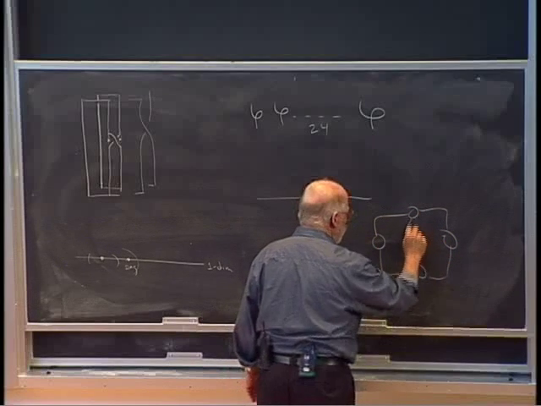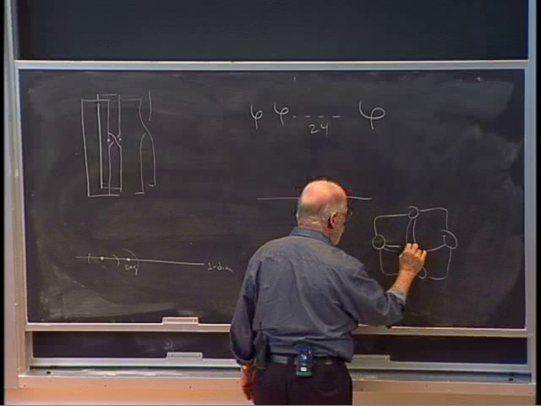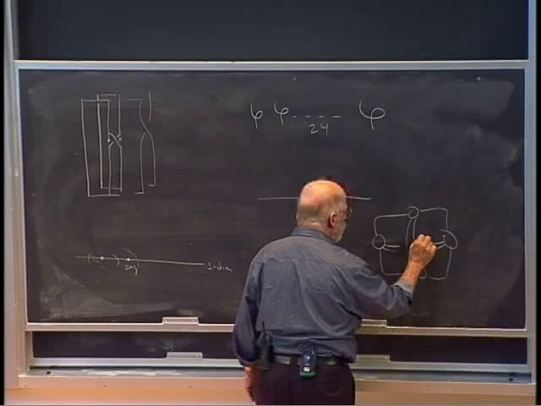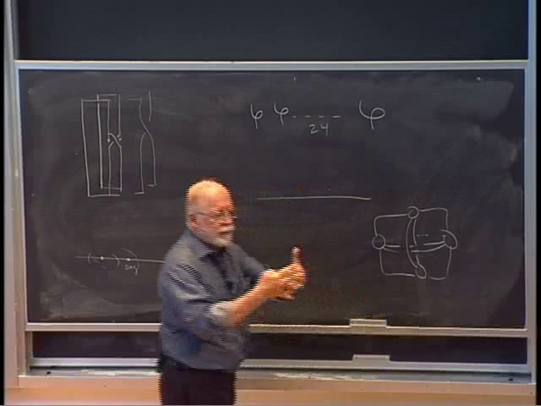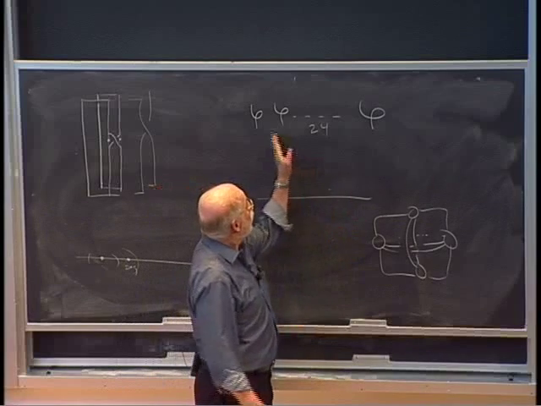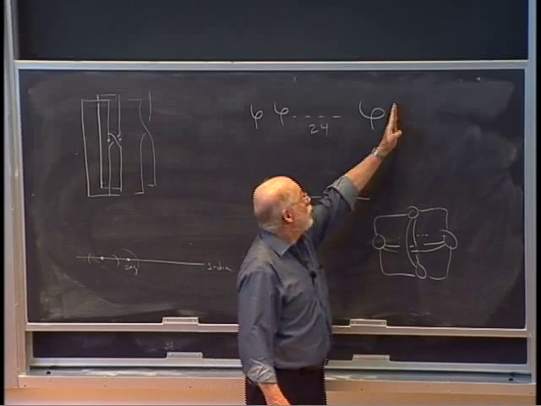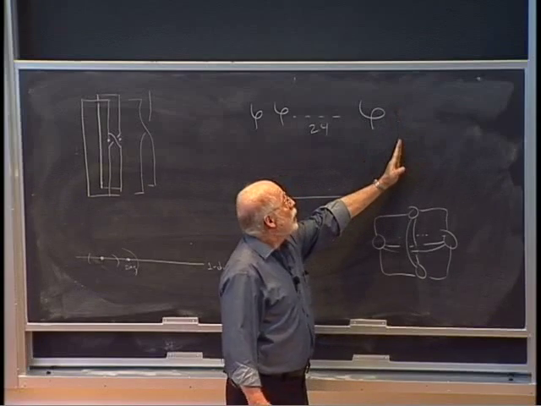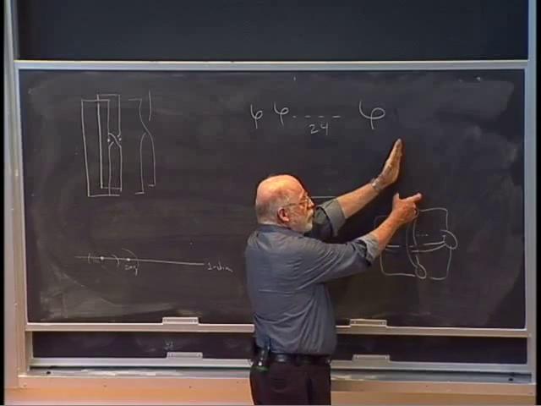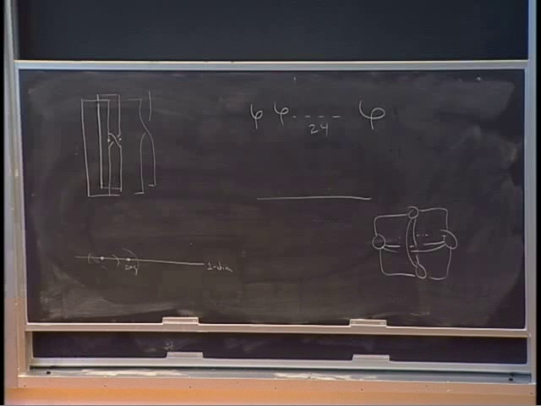So you get a picture that goes like this, this one, and then this one, etc. So they weave like this. And then if you calculate the monodromy here, you'll find that after you go through 24 of them, the monodromy is trivial. So at this point, you then have a trivial torus bundle over the last circle, and you fill it in, and you've got a closed manifold. So all these things were known to the algebraic geometers.